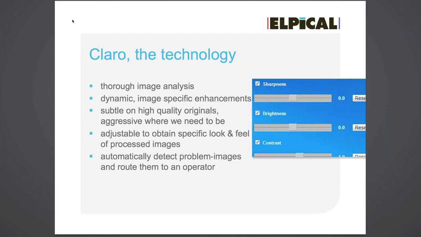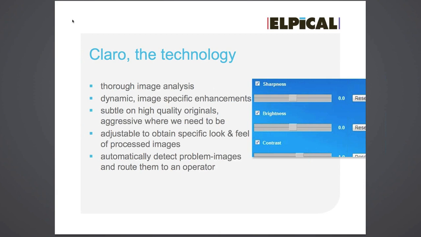Once again, if the original quality of the image is already relatively good, then obviously the software will be less aggressive in its correction than when we have a really bad quality image. The goal, therefore, is to improve the quality of the image, but also to standardize it so that there is a similar look and feel, a similar atmosphere, to images that will appear in the same publication, on the same page, in the same catalog, etc.